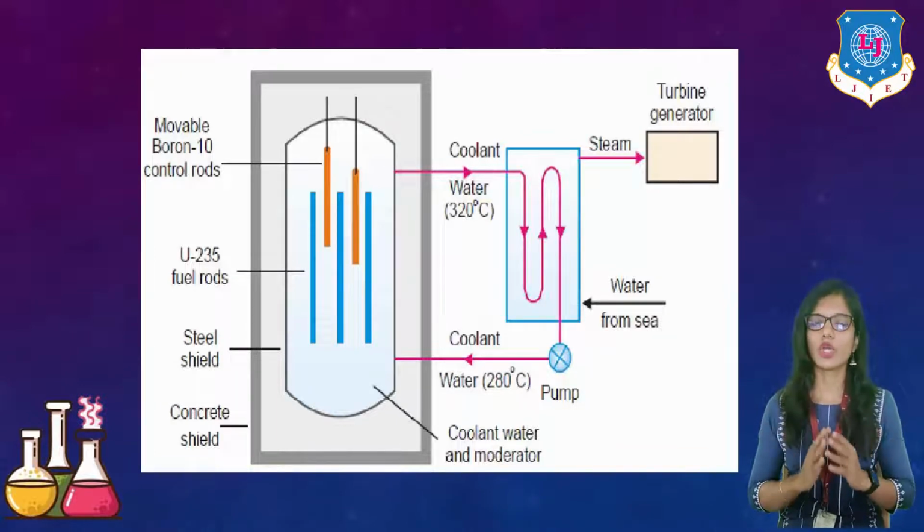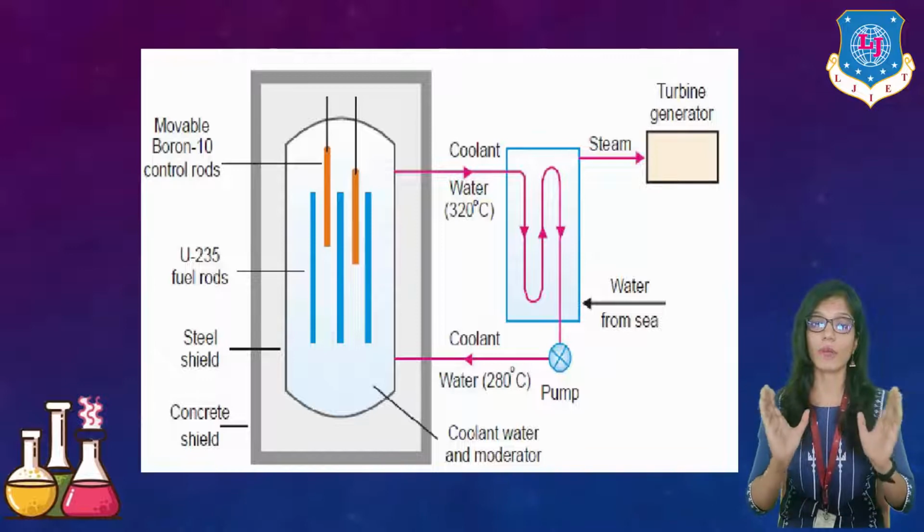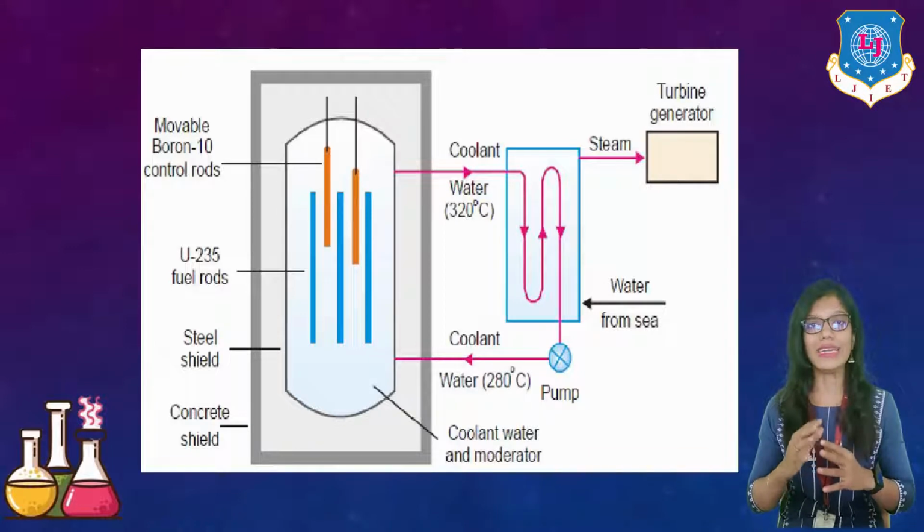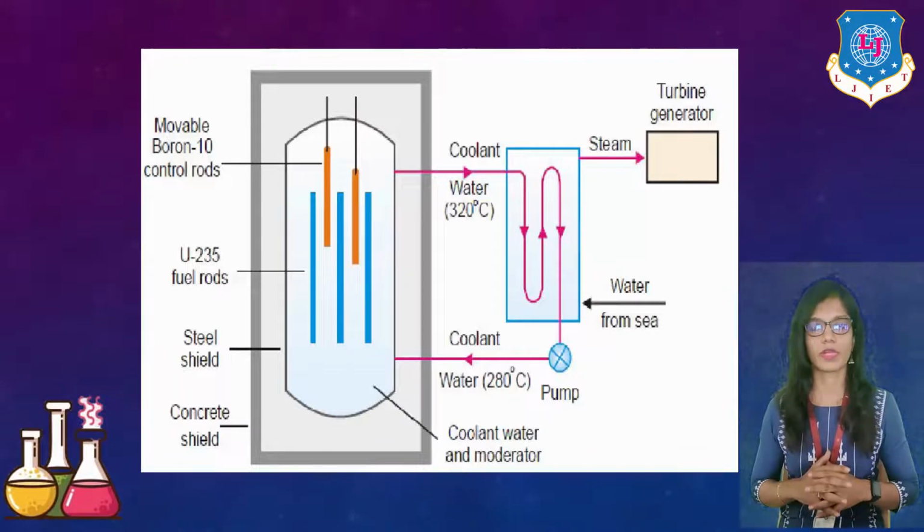Because radioactivity can penetrate any material, we need to make sure that the material has a particular thickness so that the radiation can't leak into the environment, otherwise it will cause great loss.